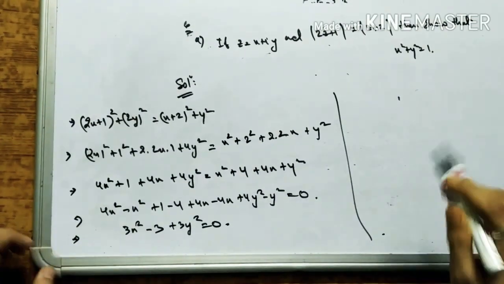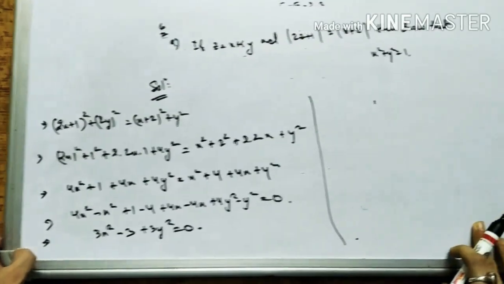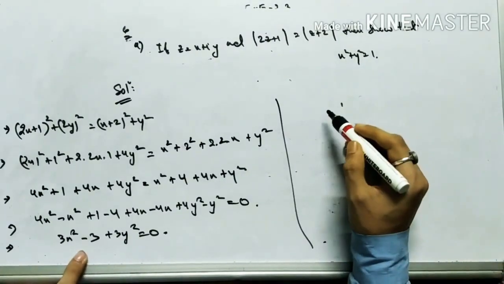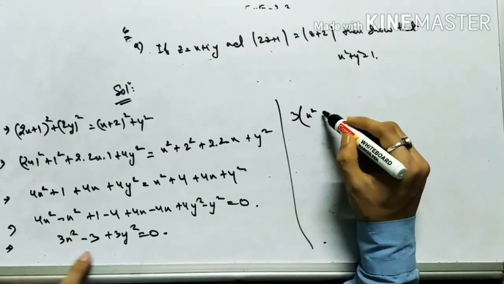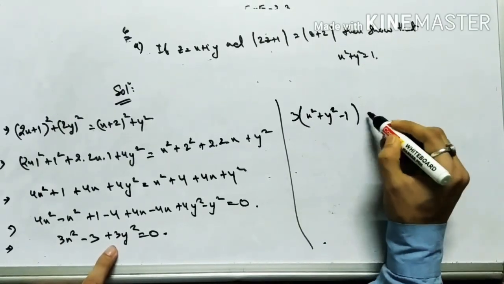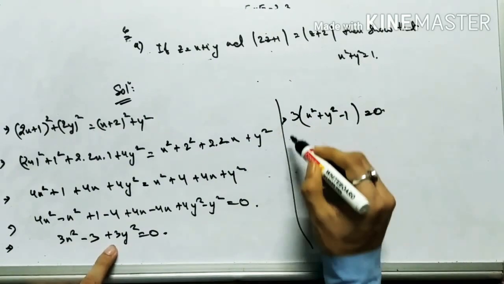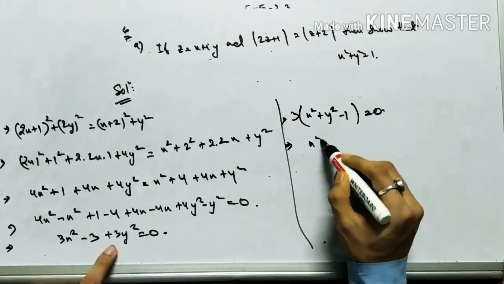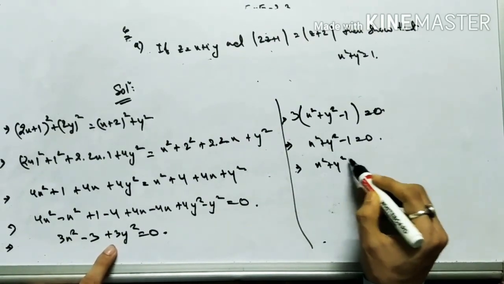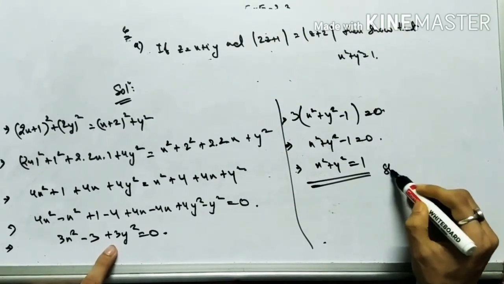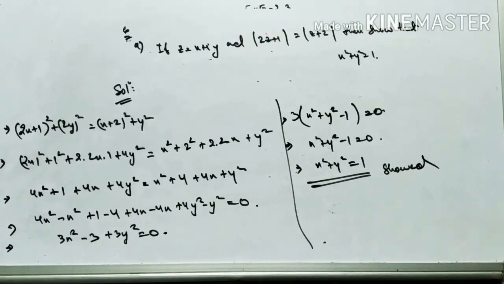If I take 3 common, I get x square plus y square minus 1 is equal to 0. Sending the 3 to the other side, x square plus y square minus 1 is equal to 0, so x square plus y square is equal to 1, and this is so.